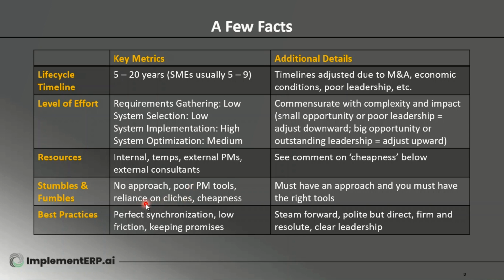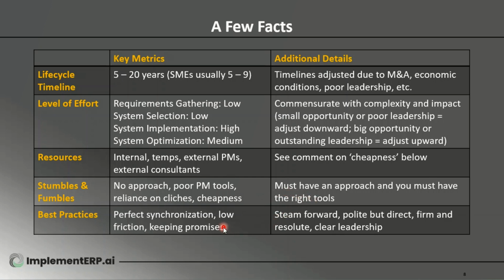So people who just say to each other those phrases like executive sponsorship, or garbage in, garbage out, with no actual concrete method, framework, or tool that actually does something with those cliches. And then the organizations that tend to try to save a nickel, they end up spending $5 down the road because it was just not the right decision to short-sightedly try to save a couple bucks on such an important endeavor.